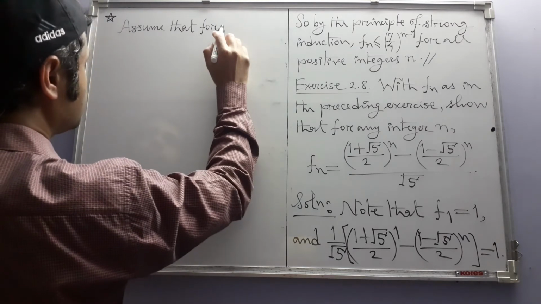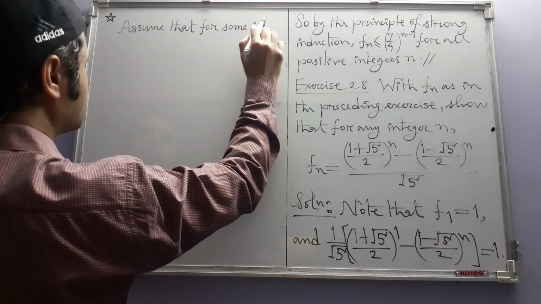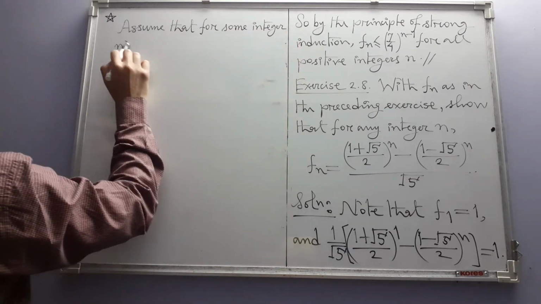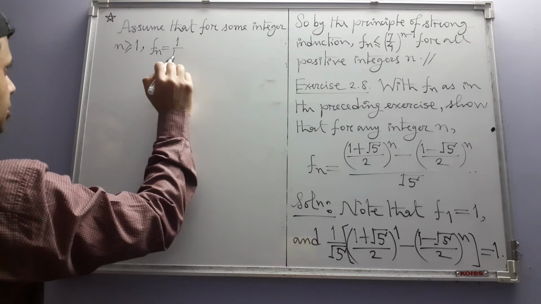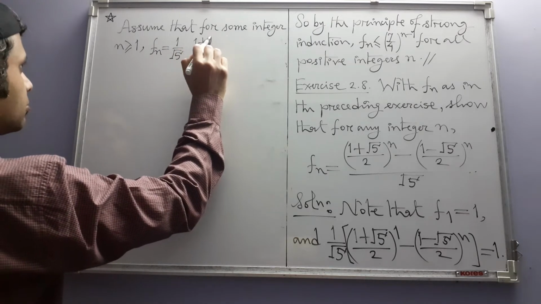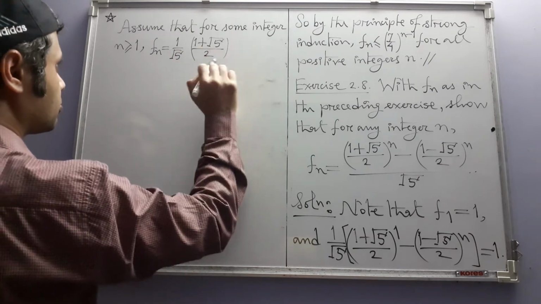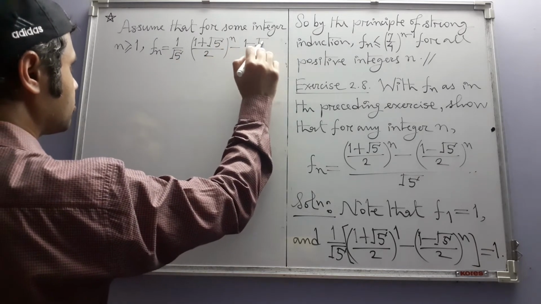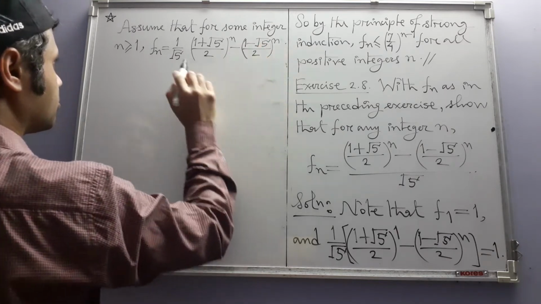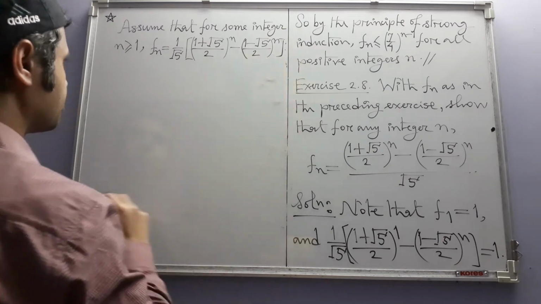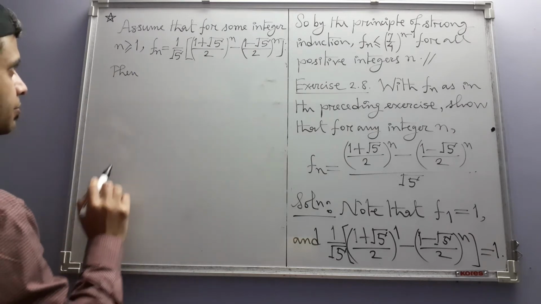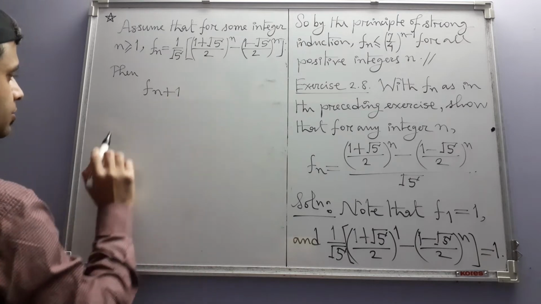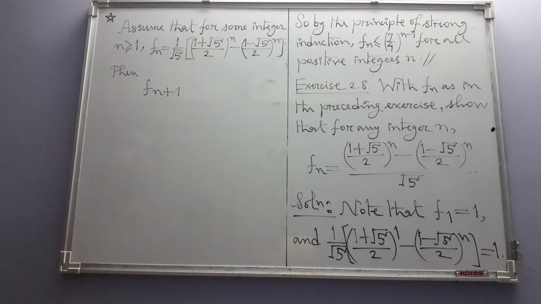Assume that for some integer n greater than or equal to 1, what is being claimed holds for n. Then for n plus 1, we should not start with Fn plus 1.